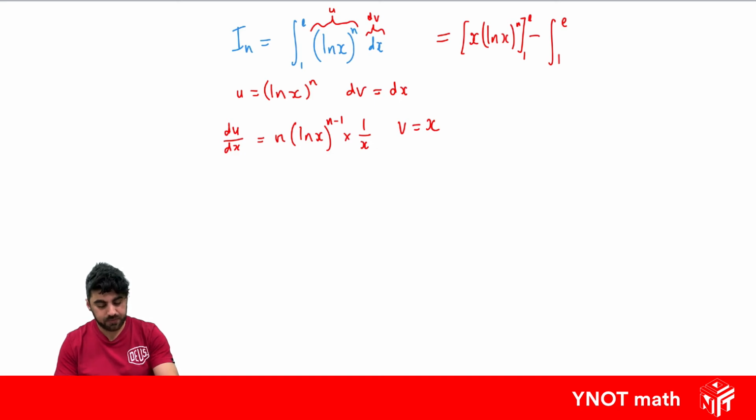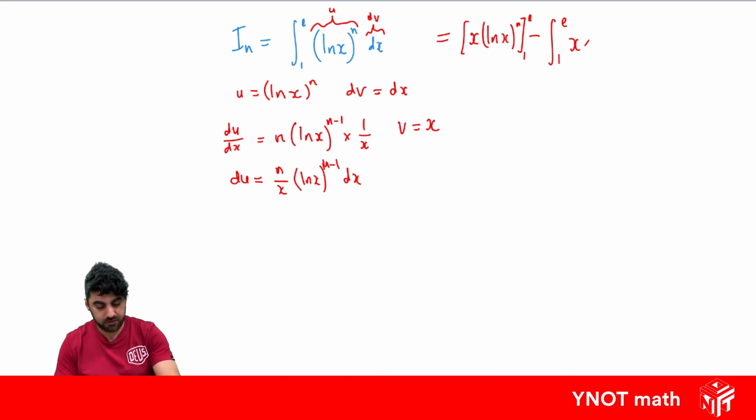minus the integral from 1 to e, since this was evaluated from 1 to e, of v du. So du we can write as n over x, (ln x)^(n-1) dx.